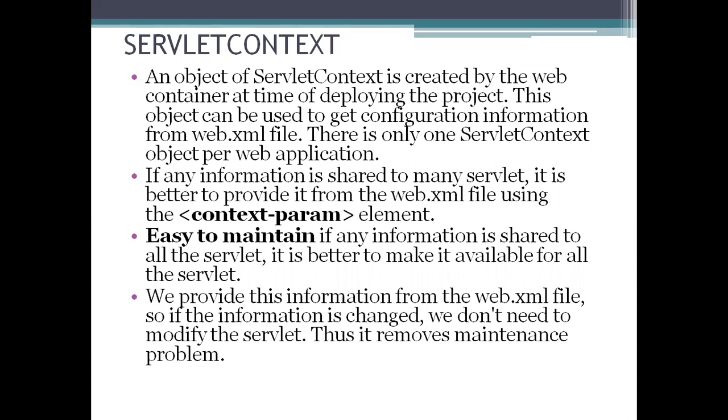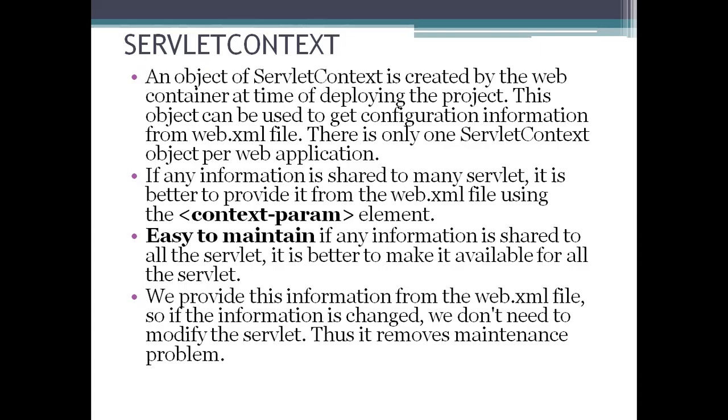And the context object in a web application is used for sharing data from one servlet to another servlet in a web application. Context object always stores data in the form of key value pairs. Into the context object, the data can be added in two approaches, either declarative or programmatic.